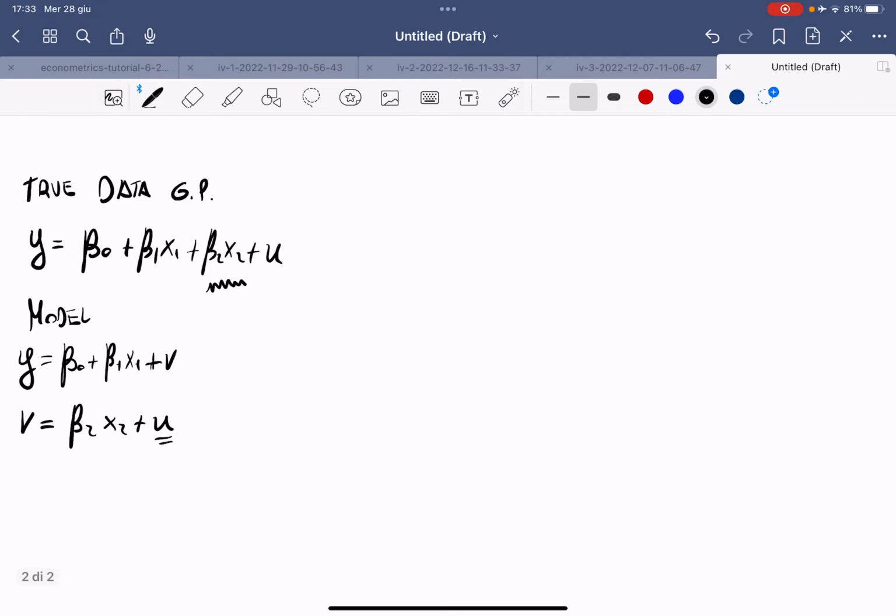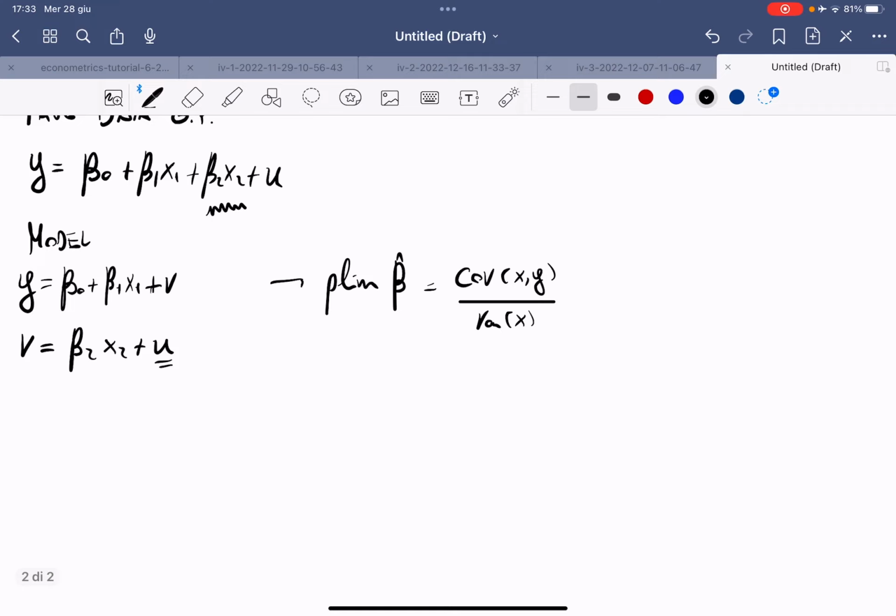So we know that the probability limit of beta hat is equal to the covariance of x and y divided by the variance of x. Now, in this y there is x2, so we have to consider it.